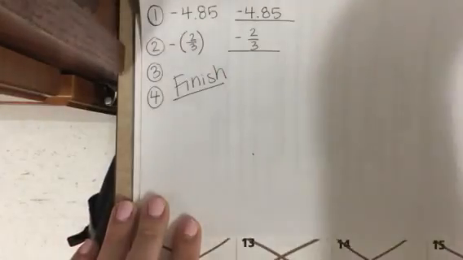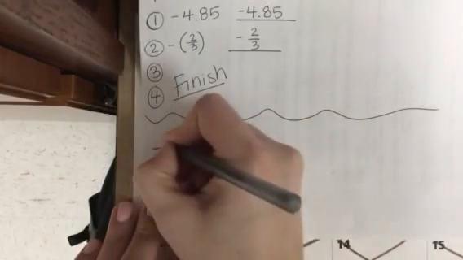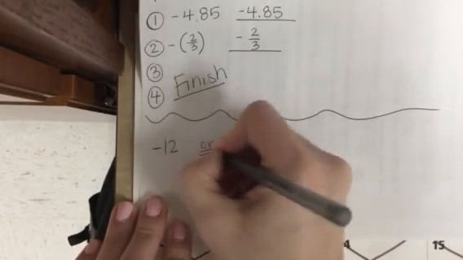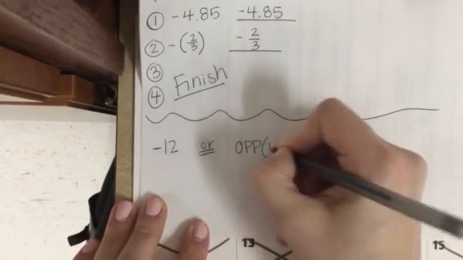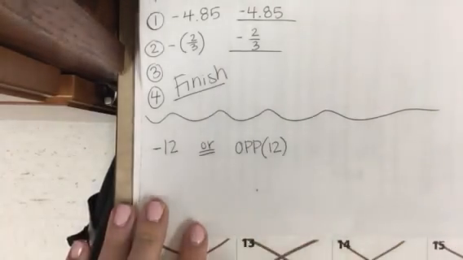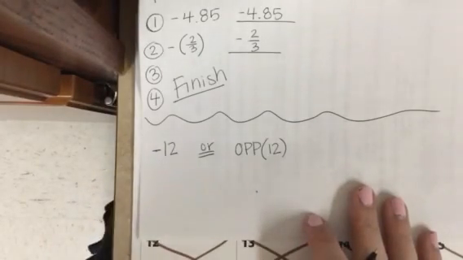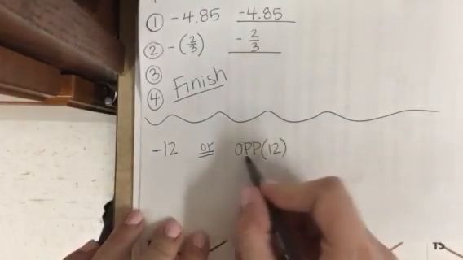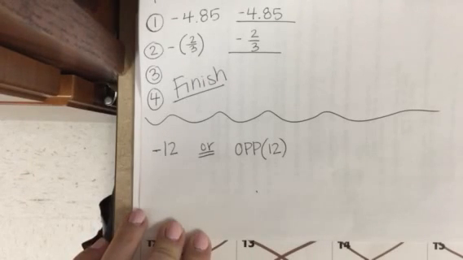They said the opposite of 12 can be written 2 ways, as -12 or, and then they wrote it like this, opposite with 12 in parentheses. Now this isn't something that we're really going to be digging a lot into, but for today's lesson, we're talking a lot about negatives and that the opposite of a positive would be a negative, so we are talking about that today. If we look at number 2, it says to enter the first number into your calculator, record the calculator display, clear the calculator before entering the next number.